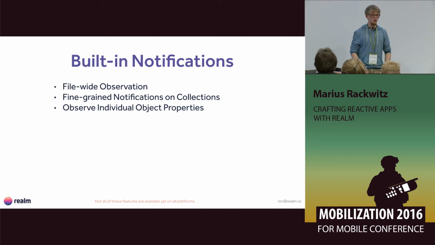So they are just a bit ahead feature-wise, while Xamarin and React Native are catching up quite quickly. And some of these features are just not as easy to implement in some languages as in others. For Cocoa, for example, observing individual object properties means, in fact, that Realm objects are KVO compliant.